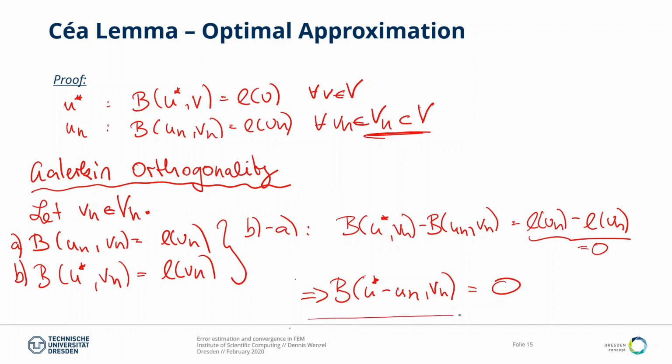And what does this result particularly mean? It means we always are kind of testing with these VH functions. And of course, this is true for all VH because it was chosen arbitrarily. It means that testing only on the discrete subspace where we have chosen VH from, we cannot even measure the error. And that kind of makes sense because UH was chosen to fulfill our problem as best as possible on our discrete subspace.